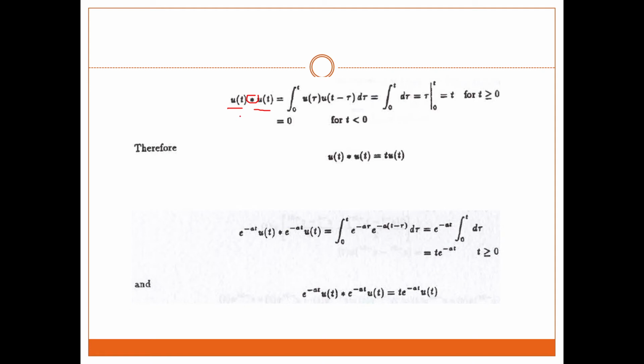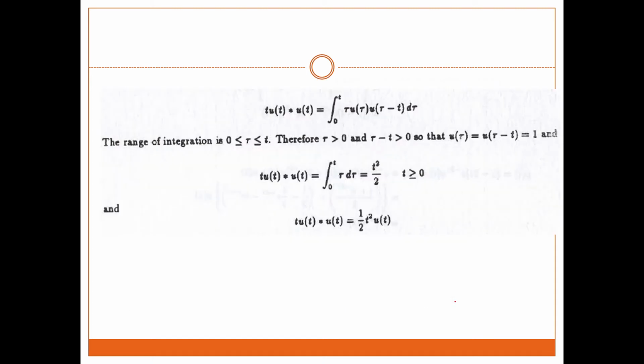So u(t) convolve with u(t), we will get t u(t), and then e^(-at) u(t) convolve with e^(-at) u(t), which is also available in the table. So you will get this answer. So this is how they do the derivation.